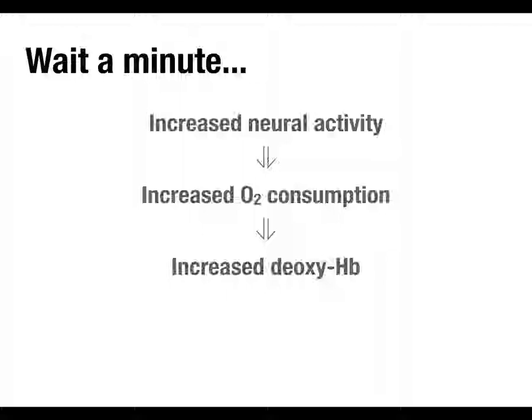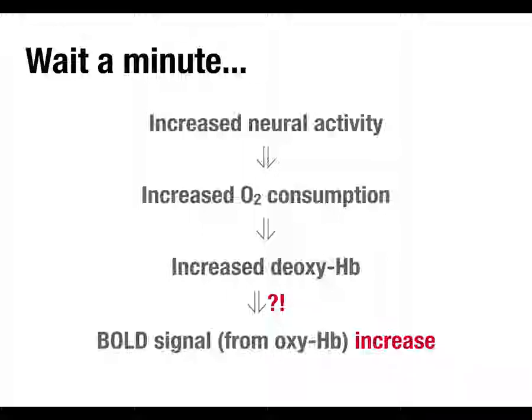And so that would predict that you would actually get a decrease in the BOLD signal. Like in those rats, you should see black areas where there's activation because you're consuming more oxygen, so there's more deoxyhemoglobin, which means more disruption and the signal should drop off faster. But that's not what we see. You saw those bright white images, and you saw in the plots that the signal was actually going up when there was activation and not down.